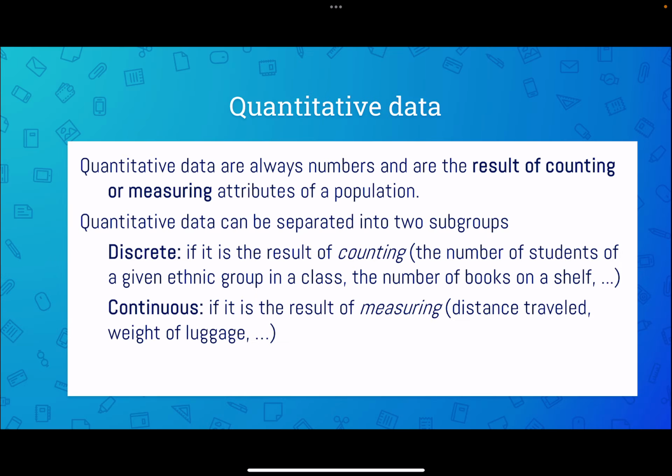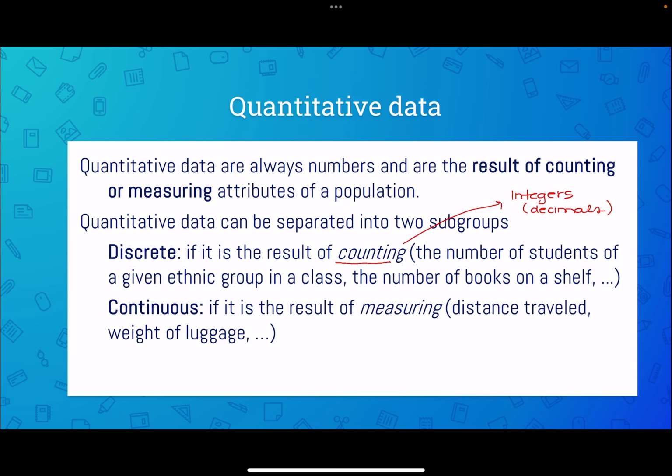Quantitative data is the result of counting or measuring. We can have two subgroups. We can either have discrete data, which is the result of counting. If it results in counting, that means we can only have integers, so we cannot have decimals anywhere because we're counting them.